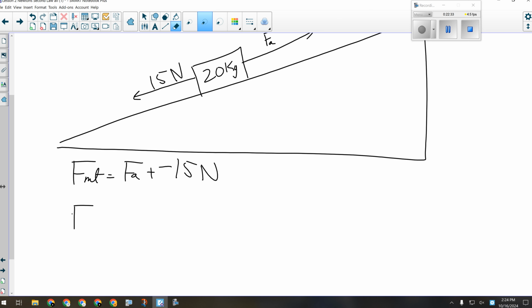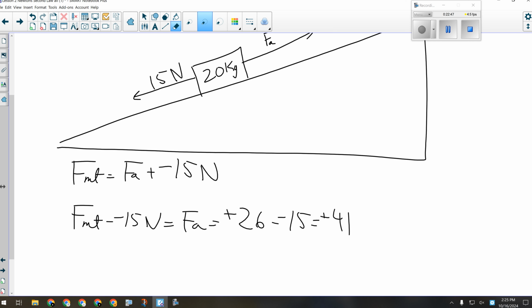So I'm going to have F net minus negative 15 newtons equals FA. So that's positive 26 minus negative 15. That's positive 41, or what we should write, 41 newtons up the ramp.